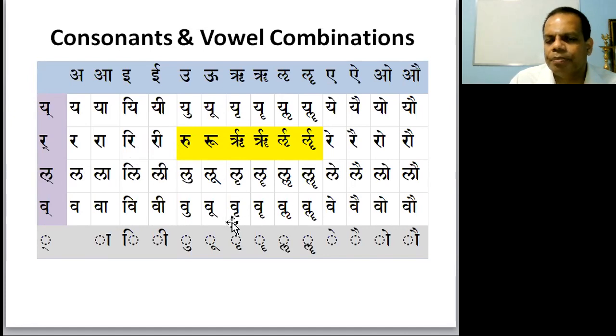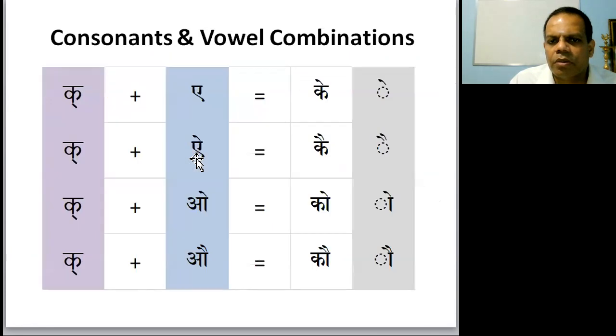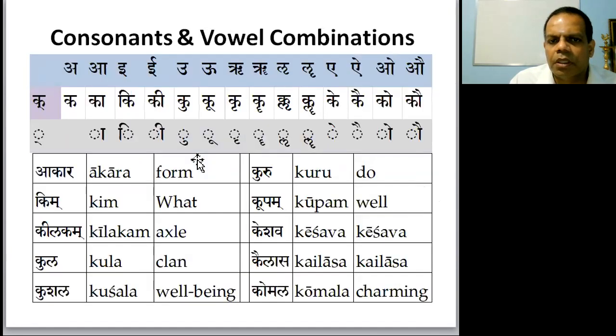Okay, it's an exception. In kuru, I think you are all familiar with ku. That comes at the bottom of ka. In the case of ru, it comes in the middle. So it's kuru. See, ka, ka, ki, ki, ku. So now you can see ku and ru. I hope that clears that.